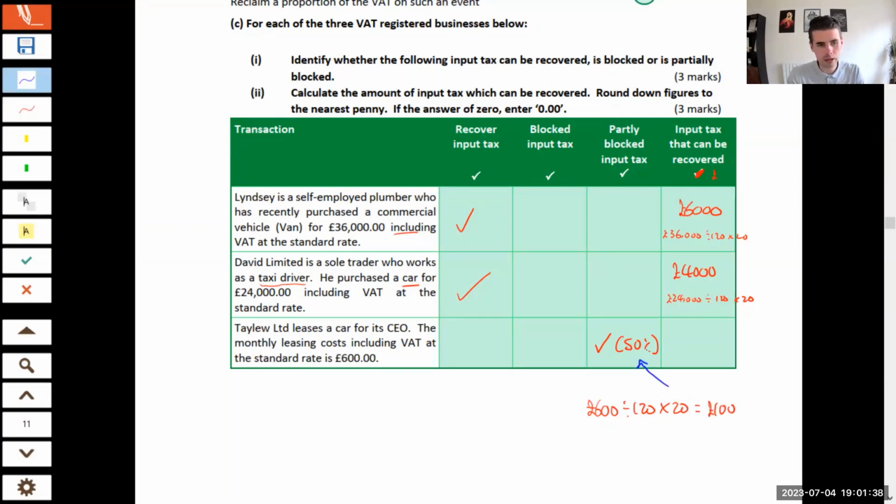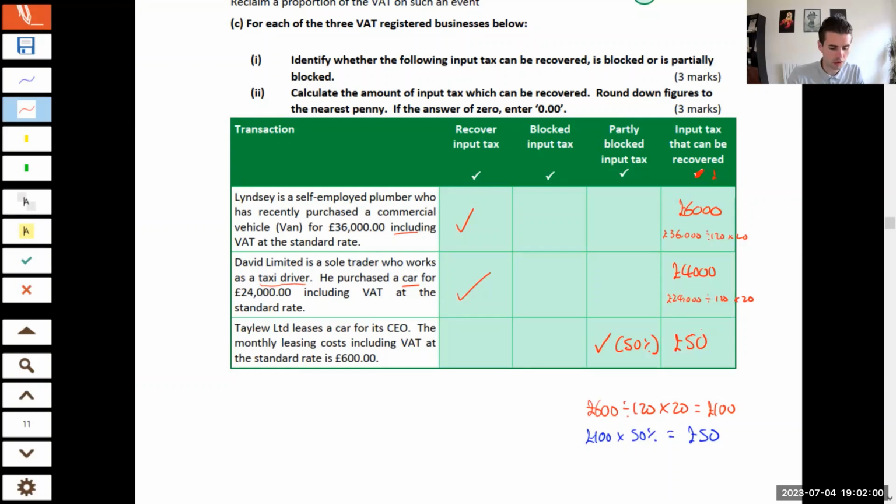I can only recover half of that input tax. £100. Again, different ways of working out percentages. I'm going to do it times by 50 because it's easy. The amount I can reclaim is £50. Super.